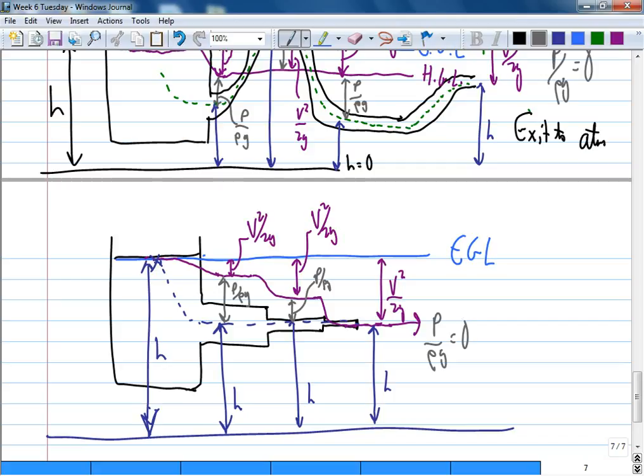That's the pressure. So that's how you draw them. You need to look: pressure head and V squared over 2G cannot go negative. Normally, if H goes negative, maybe you should move your datum below. P over rho G, if you are writing in terms of atmospheric pressure, that one can go negative.